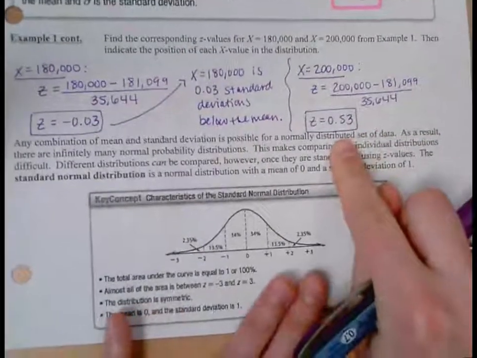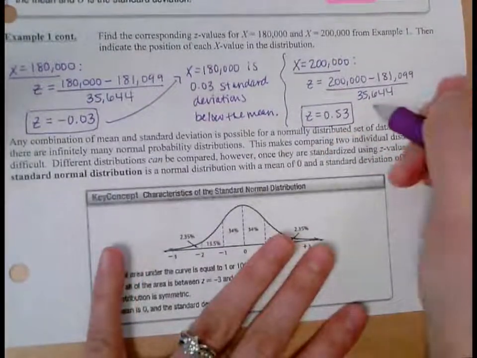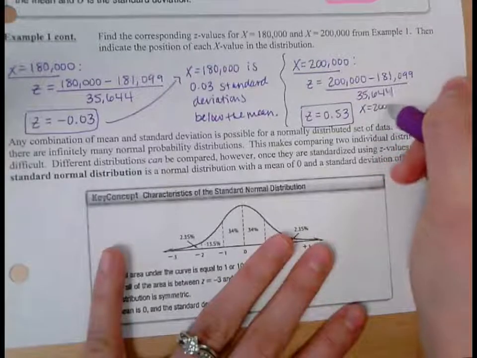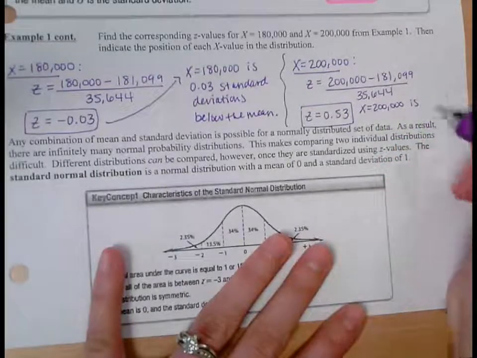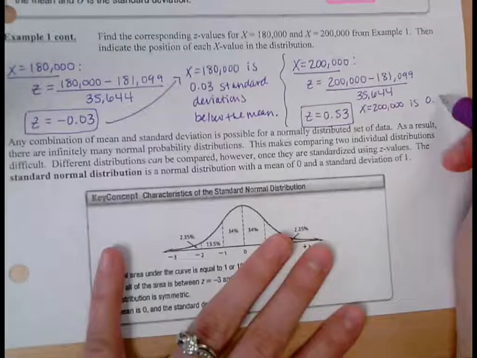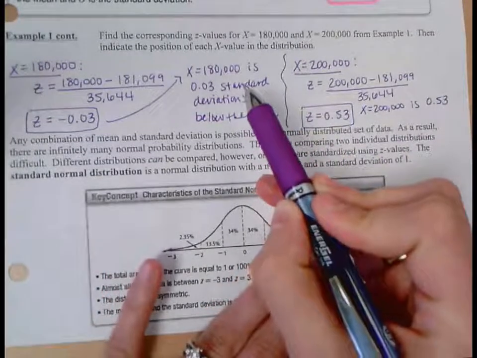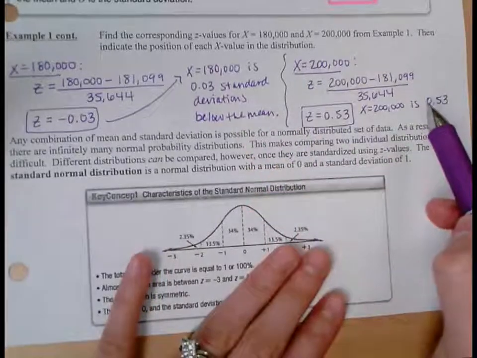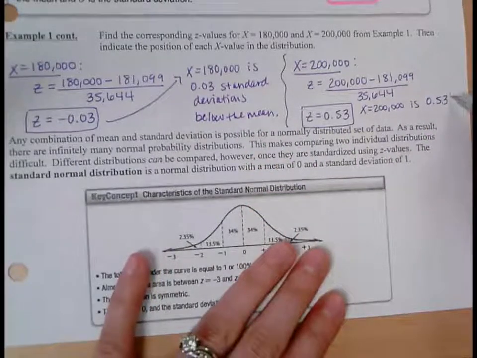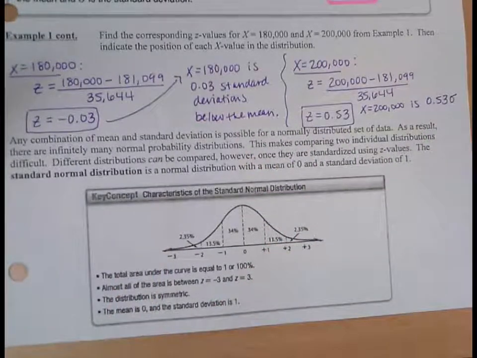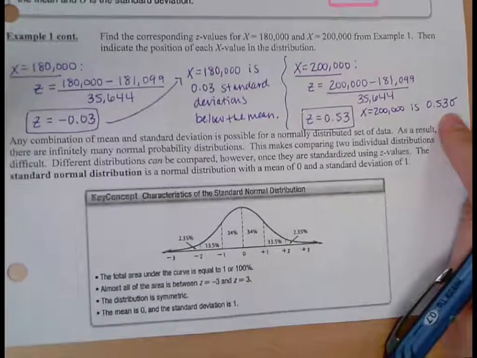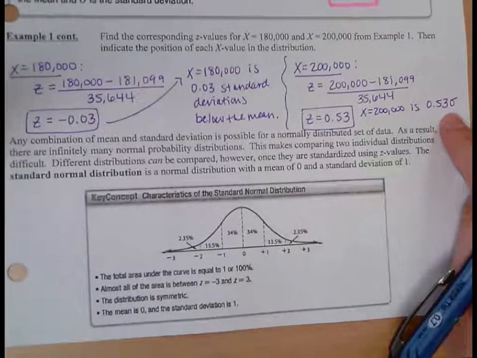So the position of that x value, I could say x equals 200,000 is 0.53. And this is what Carter just asked: if you don't want to write out standard deviations, you can put 0.53 and then the sigma symbol after that, which means 0.53 of a standard deviation.